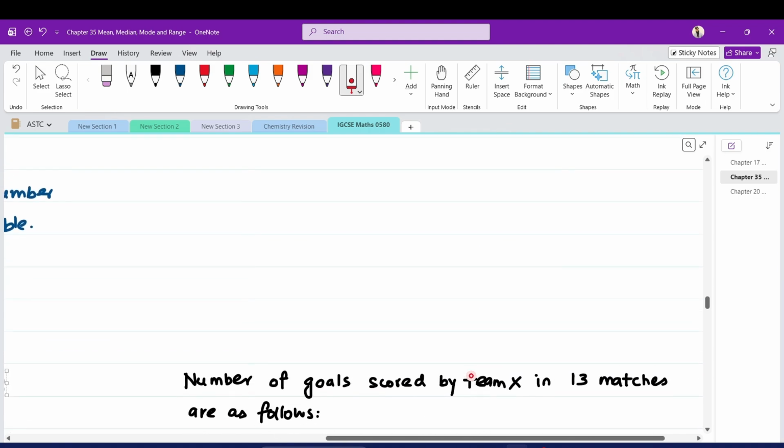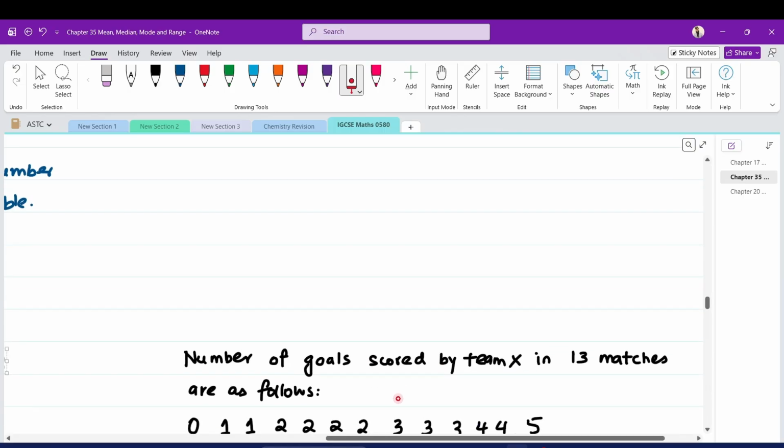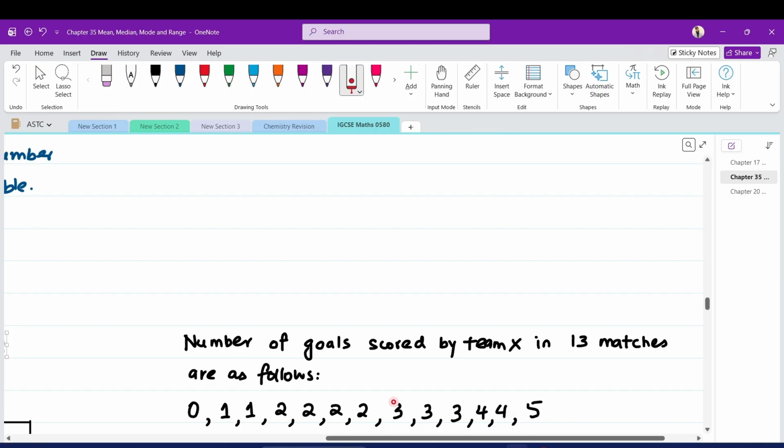Let us say that the number of goals scored by team X in 13 matches are as follows. So we have a team X, and in a particular football season, this data set tells you the goals which were scored in 13 matches. Now this is raw data, right?